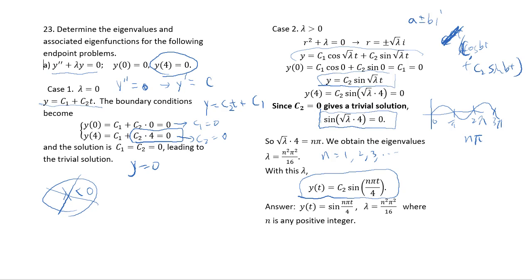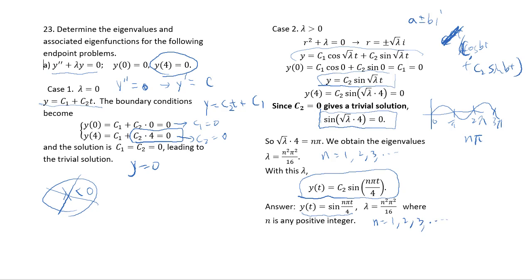But usually you just want one such eigenfunction. So we'll just normalize this by taking c2 as 1, and you get this. So you get this as your eigenfunction, and this as your eigenvalue, with n being 1, 2, 3, and so on.